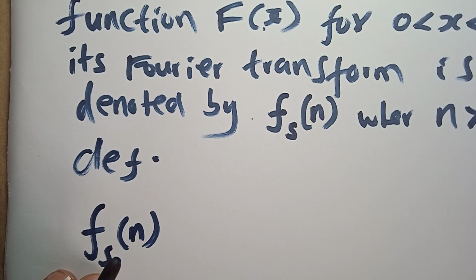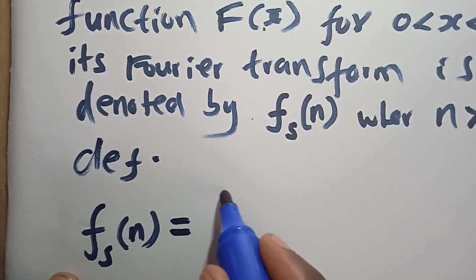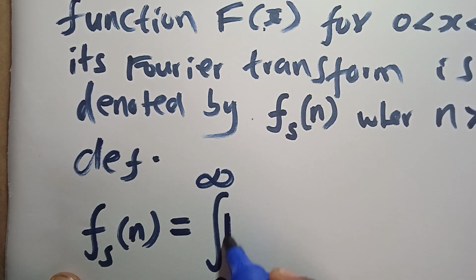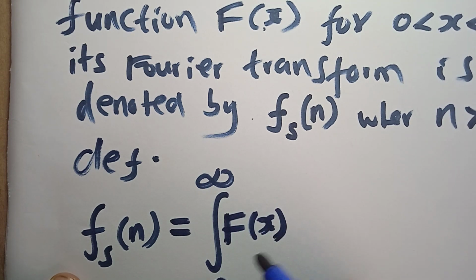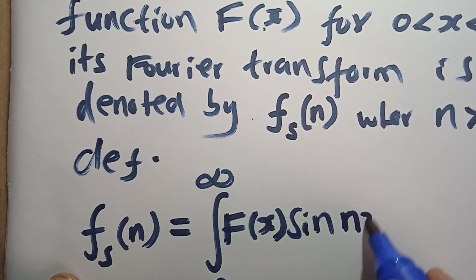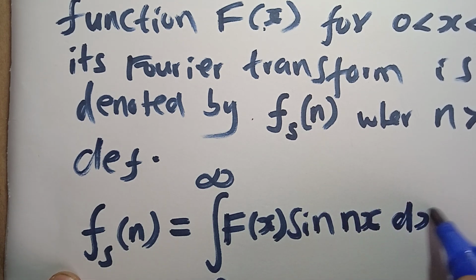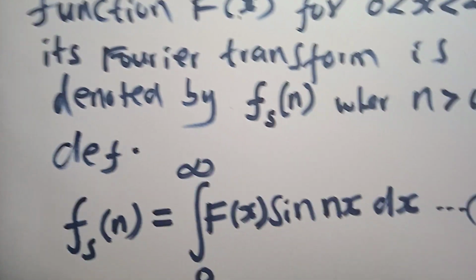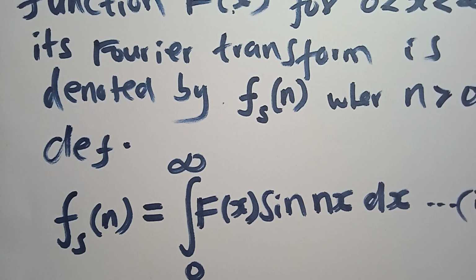So the Fourier sine transform of this particular function is equal to the integral from 0 to positive infinity of capital F of x sine of nx dx. This is our first equation, the definition of the infinite Fourier sine transform. So this is the definition of how to get it.